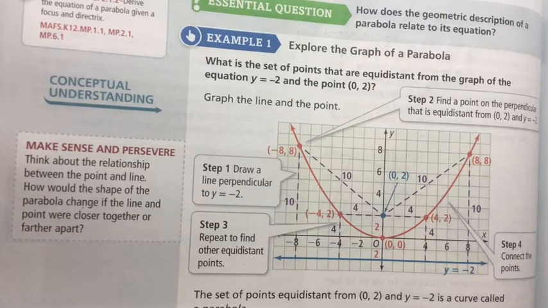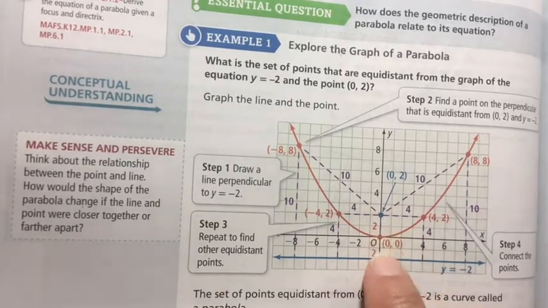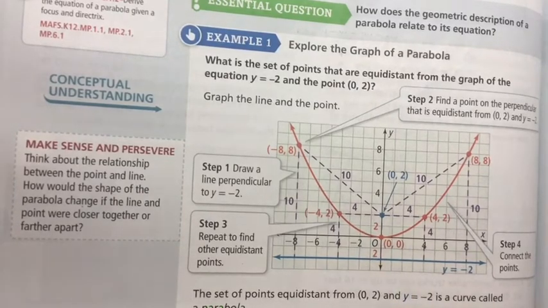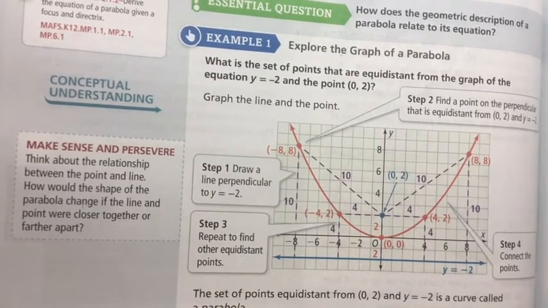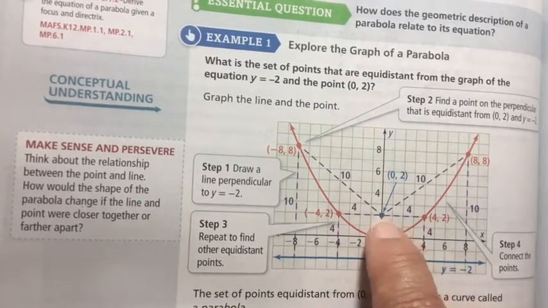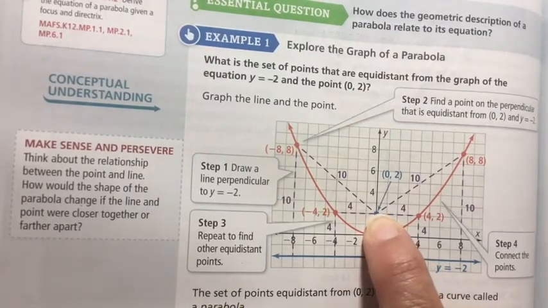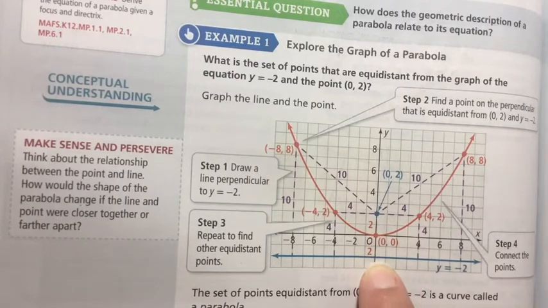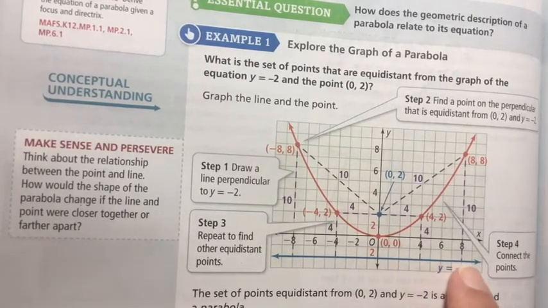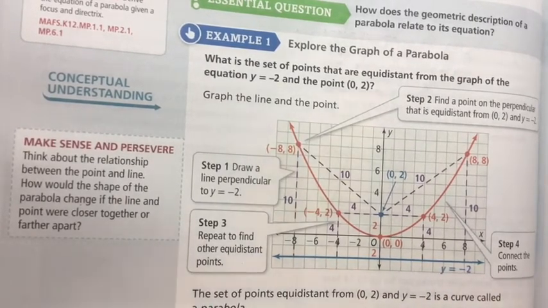And if you go the same amount above and below the vertex, there are two very important parts of a parabola. You have this point up here, which is called the focus, and then down here, the line that goes through that point is called the directrix.